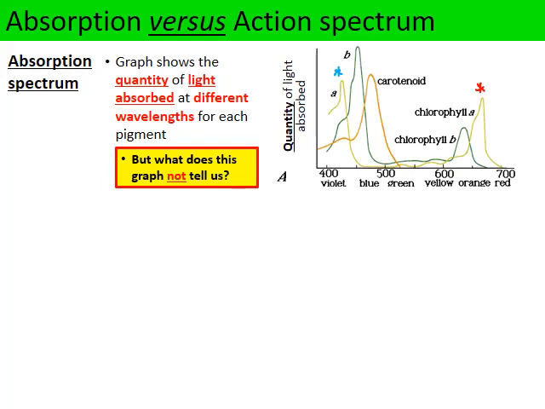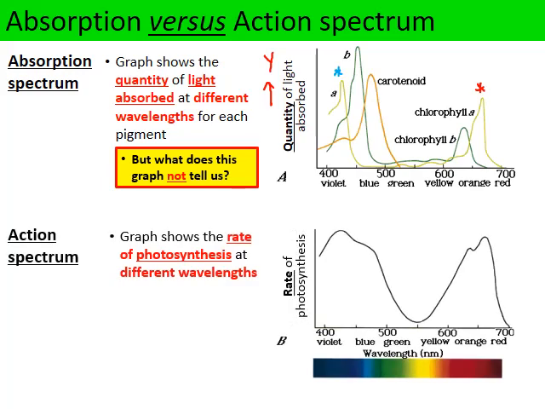Because remember, the dependent variable, the y-axis going up the left-hand side, is the factor that gets measured. So this actually does not tell us anything about photosynthesis itself. So in order to correlate this graph with photosynthesis, we need to look at the rate of photosynthesis at the different wavelengths of light.